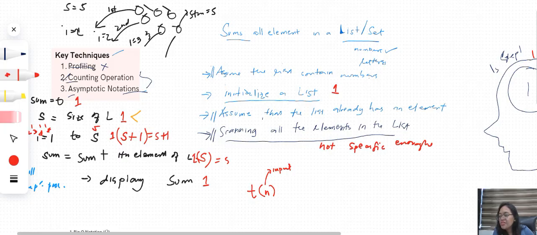Since I have a problem with coinciding variable names, I will just rename this to avoid confusion as S, since S is the size of our list. Okay. So this is T of S. S is the input or the list size. And then this is our runtime for this algorithm.